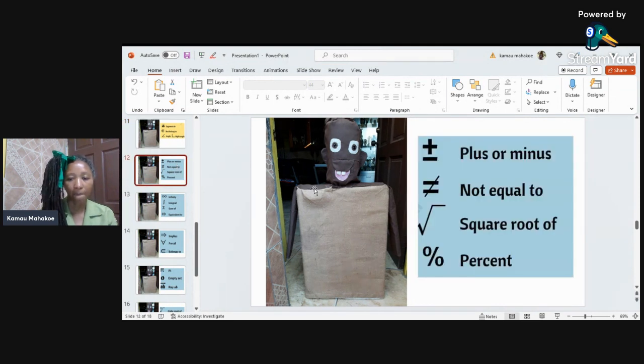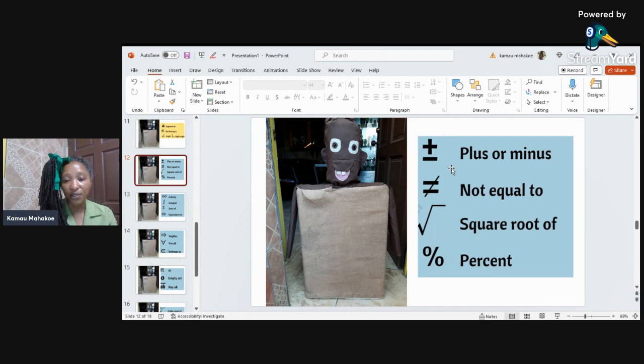Sometimes in math operations, you will see plus, minus together, one above the other, plus or minus. This usually indicates that you are to do both operations separately. So you are to add as well as take away.